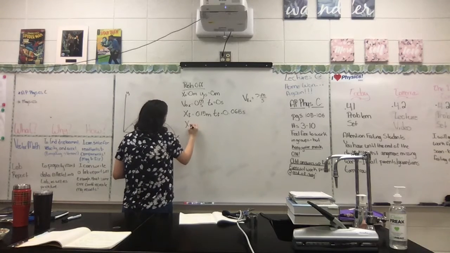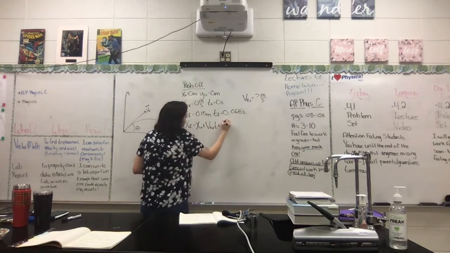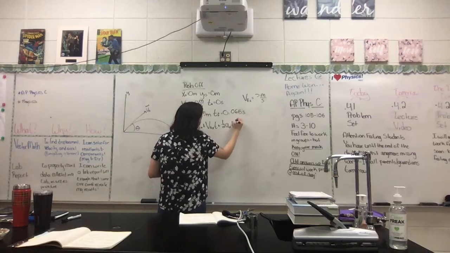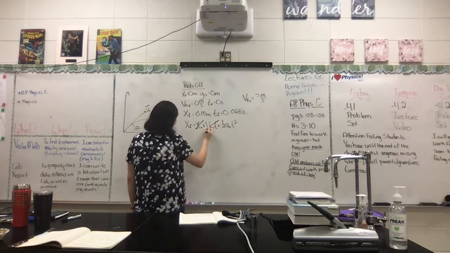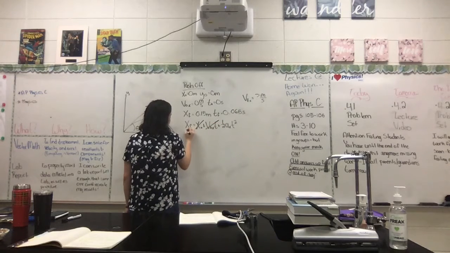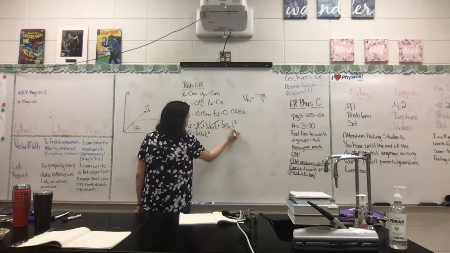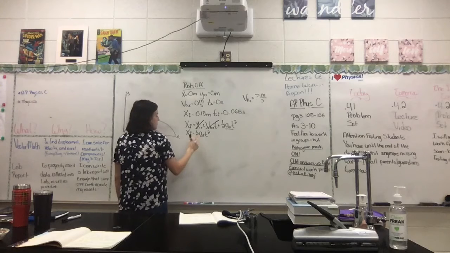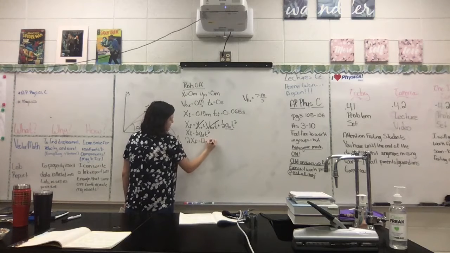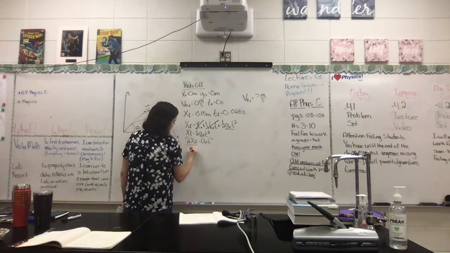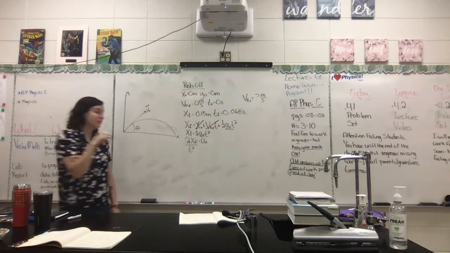So xf equals x naught plus v naught x t plus 1/2 a x t squared. We know that x naught is 0 and v naught is 0, so xf equals 1/2 a x t squared. Now we solve for a x: multiply both sides by 2 to get 2xf equals a x t squared, and then divide both sides by t squared.